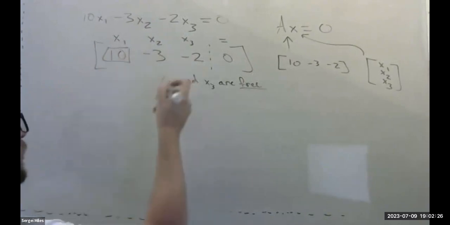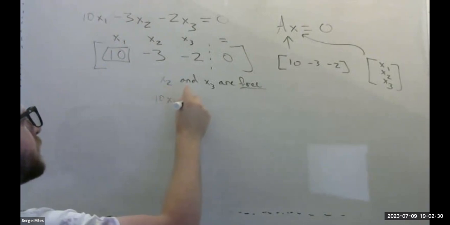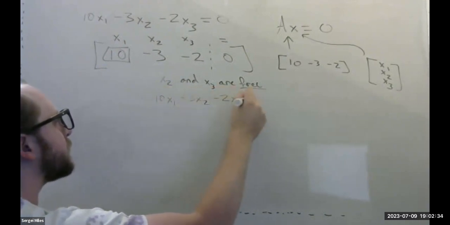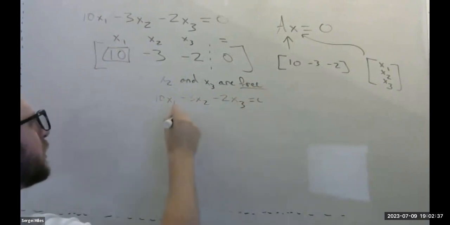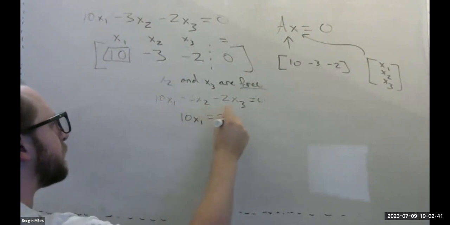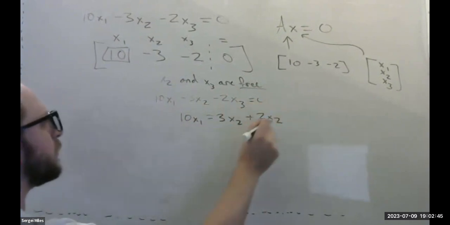Well, what is x1? We want to solve for the pivot. 10 x1 minus 3 x2 minus 2 x3 is equal to 0. Solve for the pivot, and we end up with this equation. I'm going to add the other variables over.